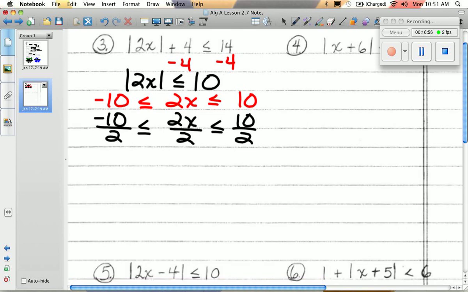And our solution is, what's -10 divided by 2? -5. -5 is less than or equal to x. x is less than or equal to 5. +5. Okay.